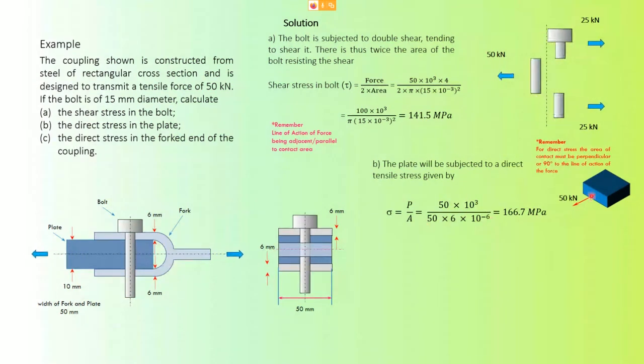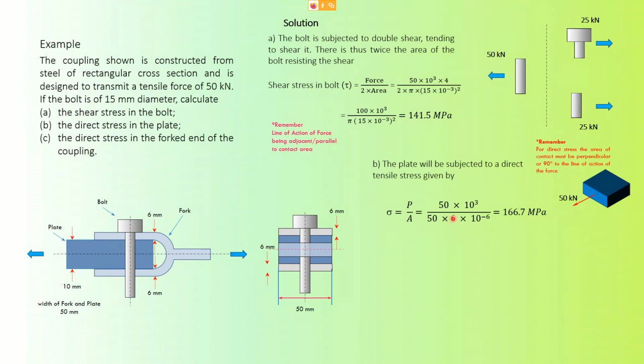So 50 mm and 50 mm, and I think I put it wrongly. This should be 10 mm. Afterward, you all please do a correction for me when you redo this example. This should be 10 because you are referring to the plate, and our plate here is 10 mm.